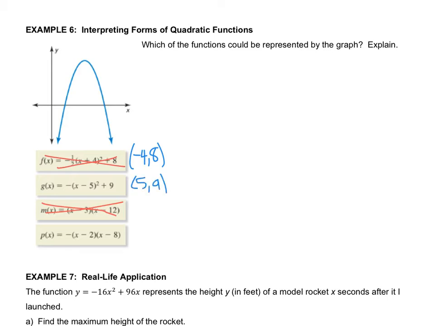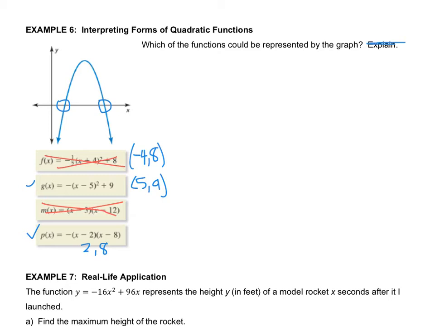So that could probably be it. There's nothing else to eliminate it. And if we look at P, this has roots at 2 and 8, and these could be 2 and 8, maybe. So let's say G and P.